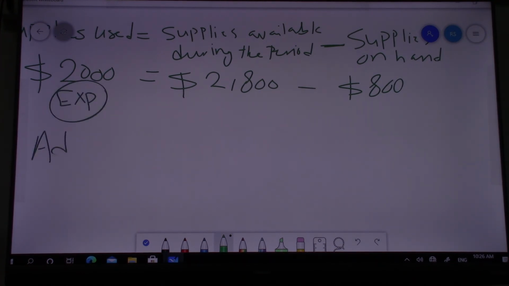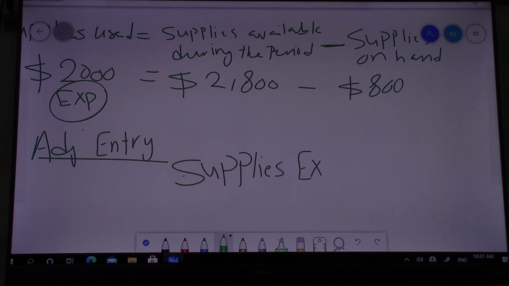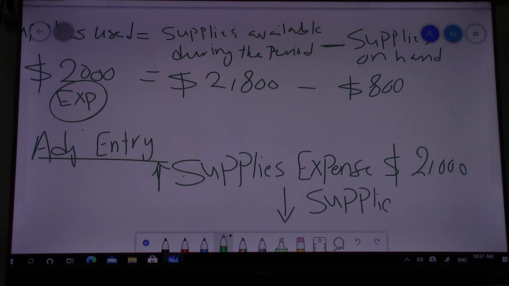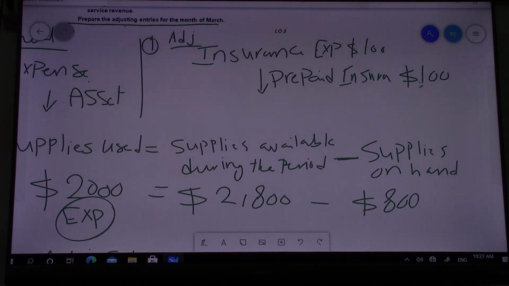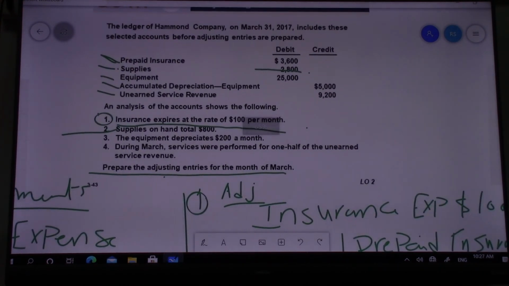So the adjusting entry will be supplies expense on the debit side by $2,000, increased. And at the same time we should decrease supplies by the same value, which is $2,000. Number 3, the equipment depreciates $200 per month.